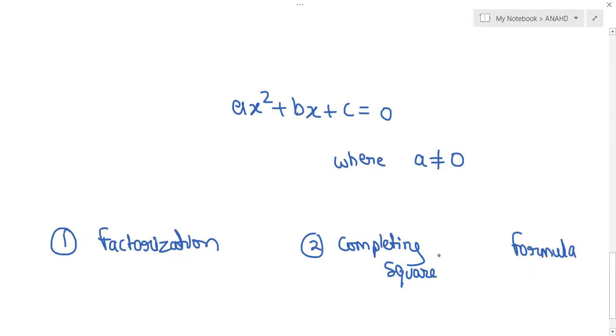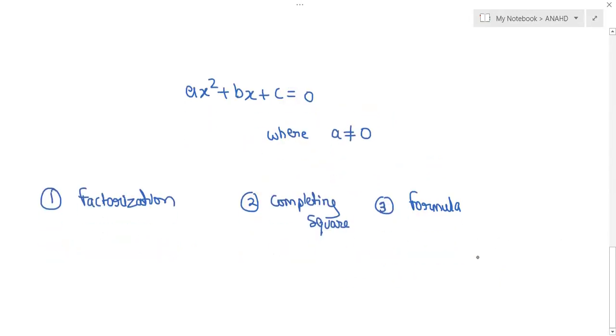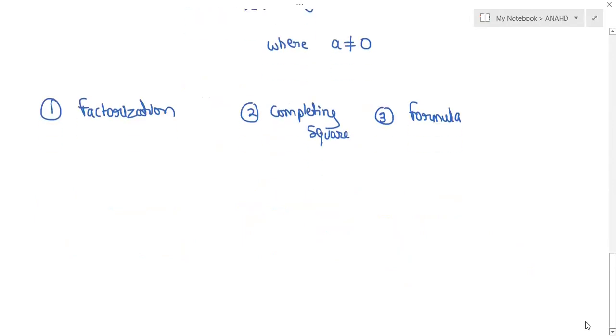Mind that each method is used for a specific case. Although all three methods work, in different cases, as and when needed, we use a particular method. Therefore, it is very important to learn all three methods and know where each is used.